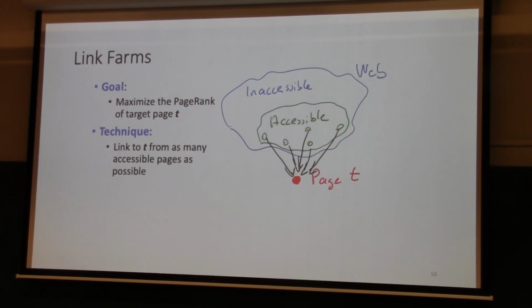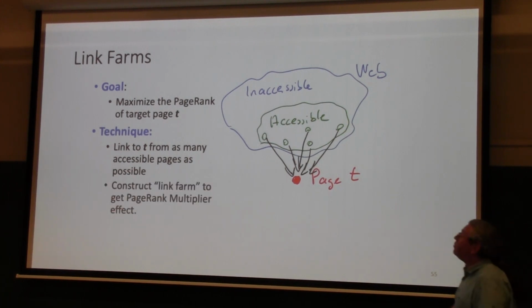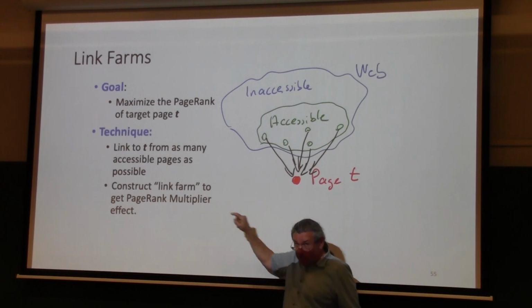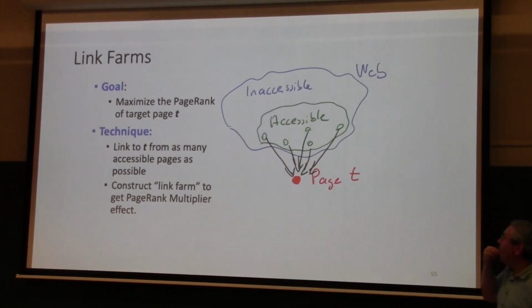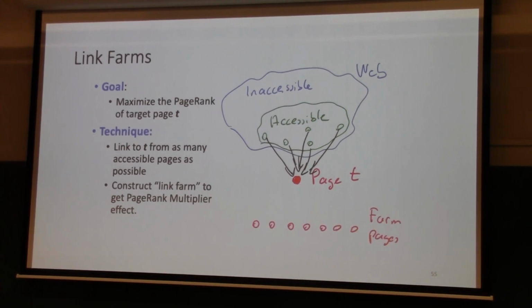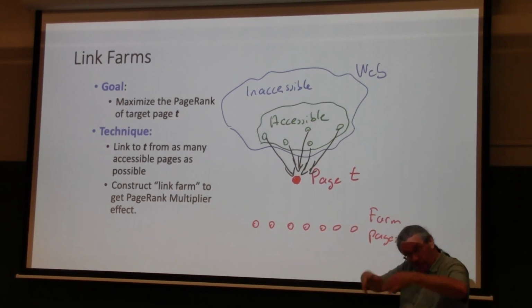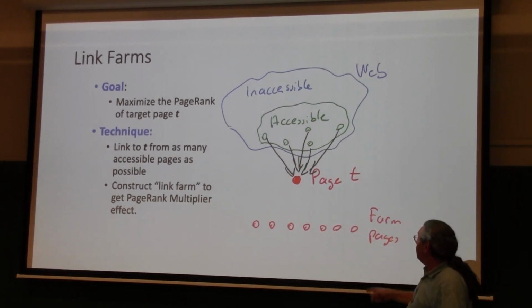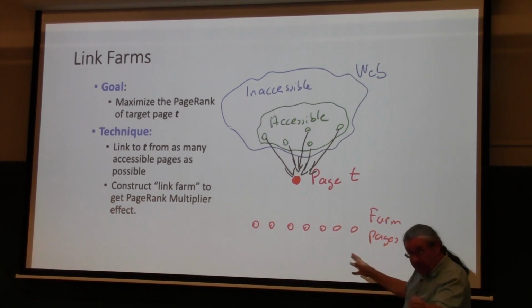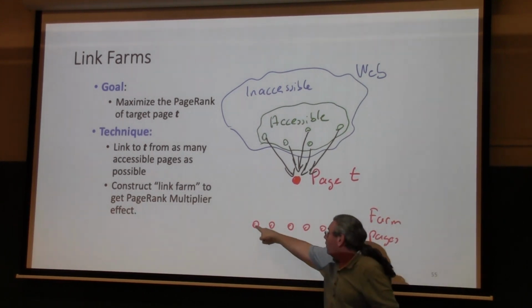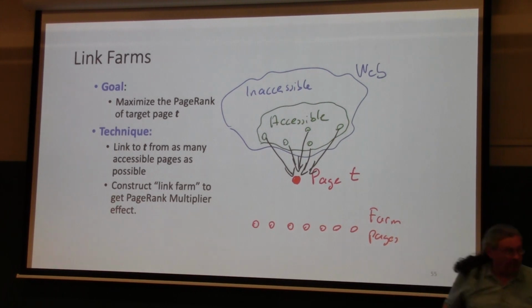But that's not enough. What I really have to do then is another step where I construct what's called a link farm to multiply the PageRank of T. So these red pages are my pages. I buy a bunch of machines, or I rent machines, and I can write anything I want on them. And this is my link farm, all these red pages.